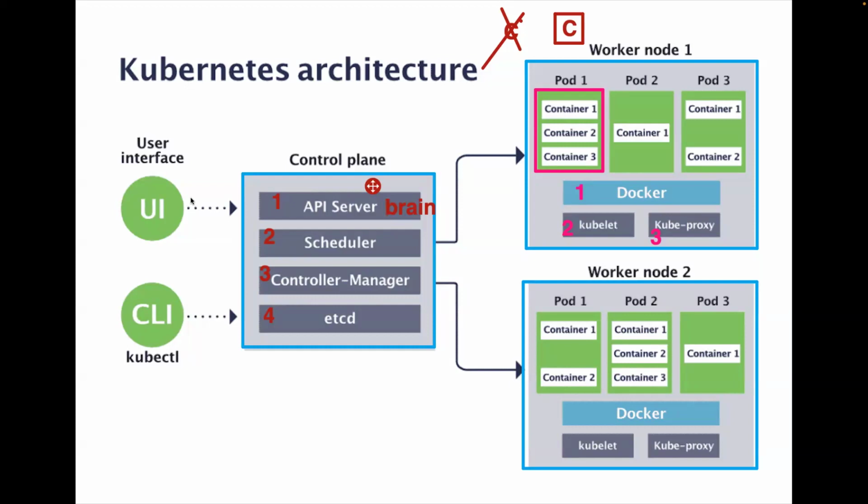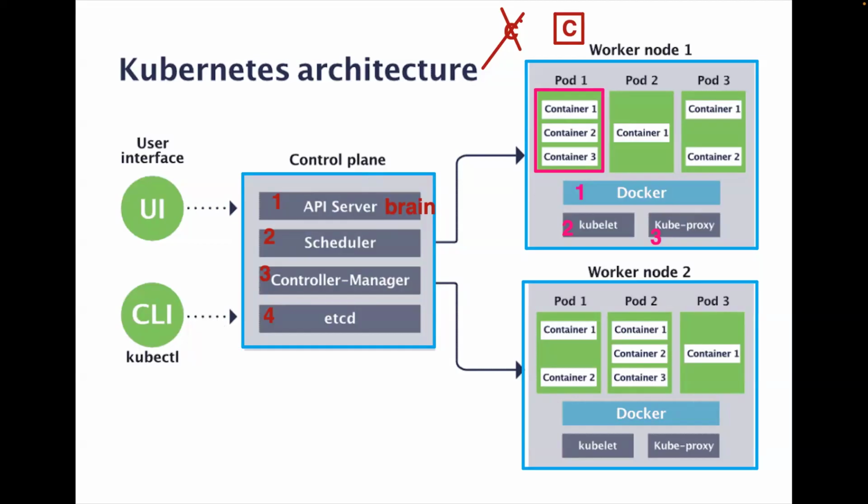In whatever way, whenever you give the input, it would be fed to the API server. The API server will validate the input, understand it, and once it validates, it would interact with another component called the scheduler.